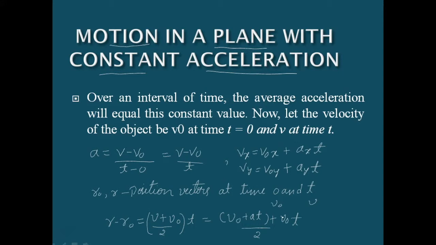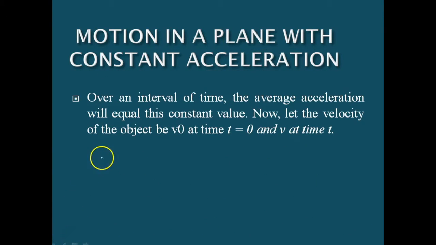If you simplify this, we get the position vector value. So the value of r we can get is r0 + v0 t + ½ a t².